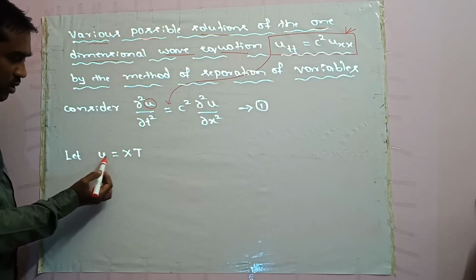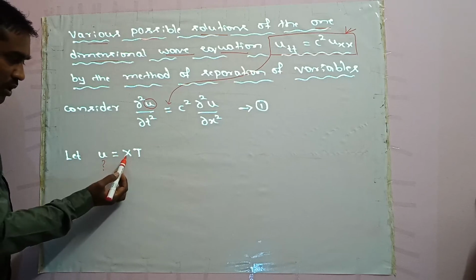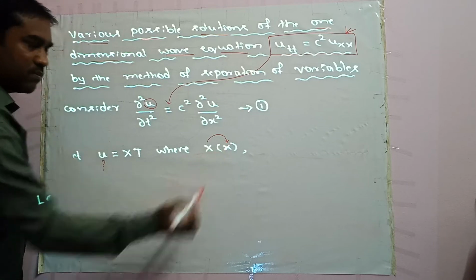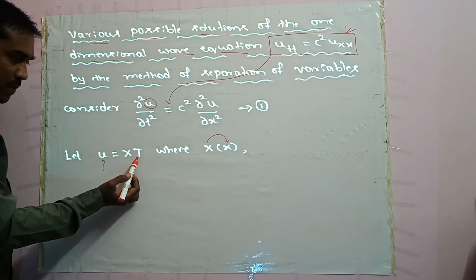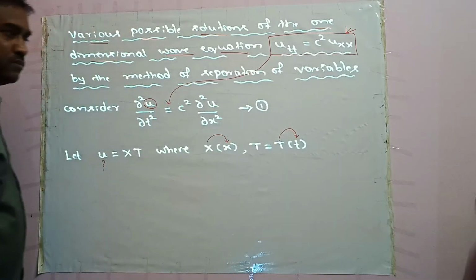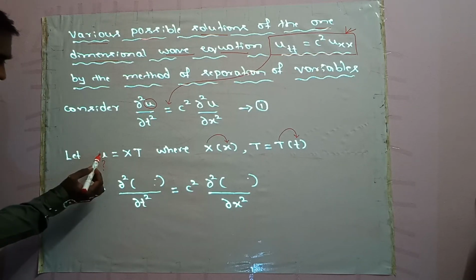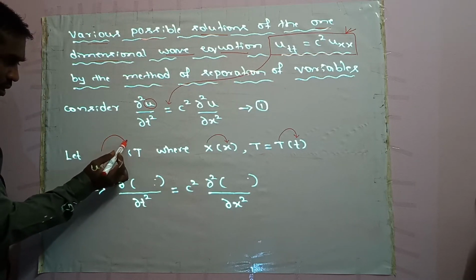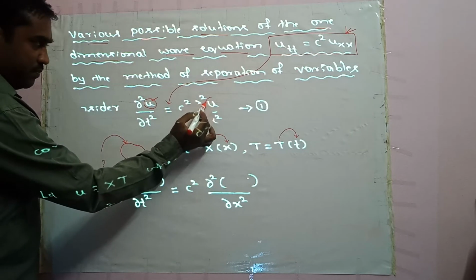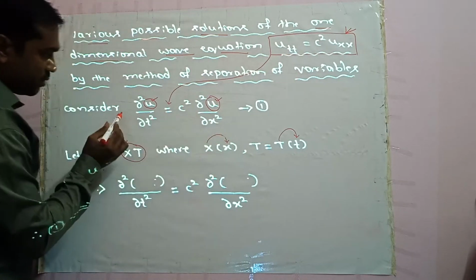Let us consider u = X T, where X is a function of small x and capital T is a function of small t. Now let us substitute this value of u, taken as X T, here and here.